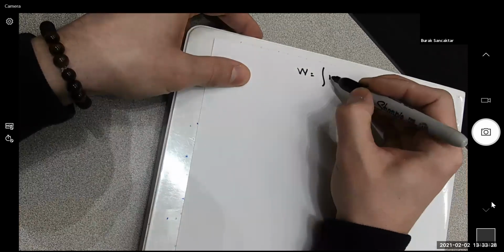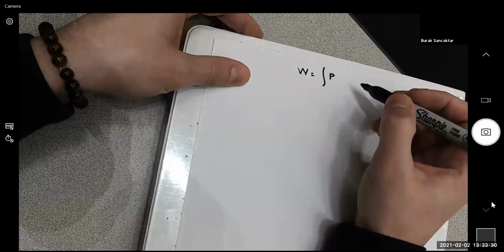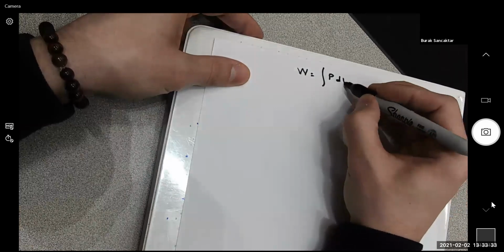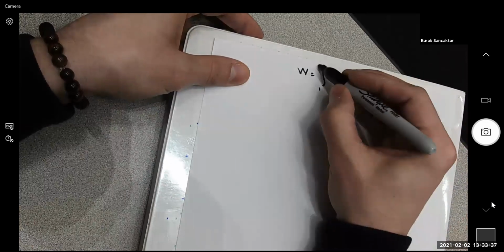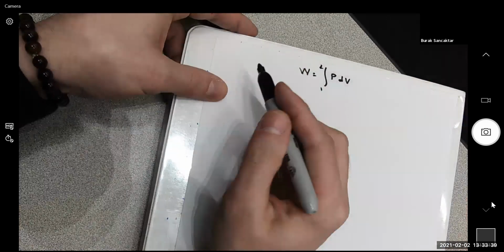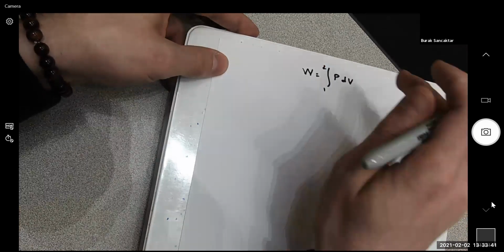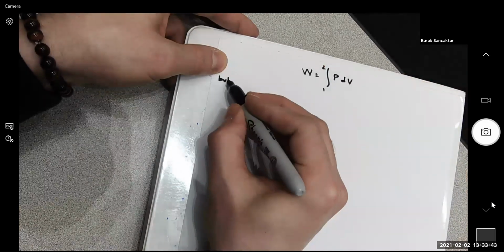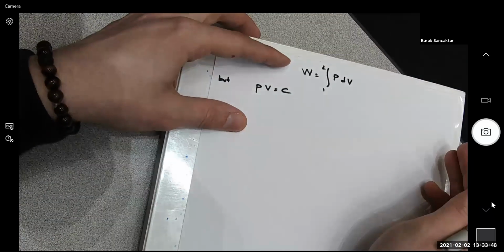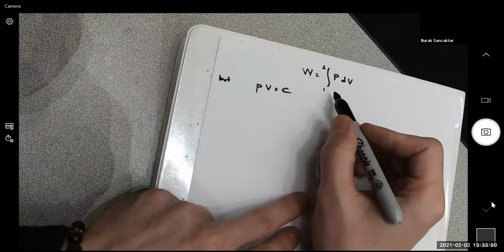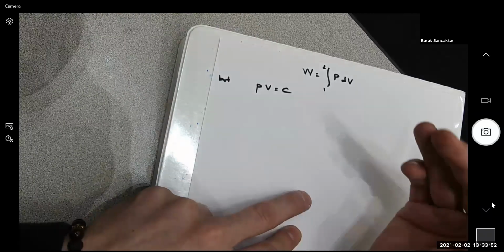Work. The work equals the integration of pressure and volume from state 1 to state 2. But PV equals constant, which makes P equal C over volume.